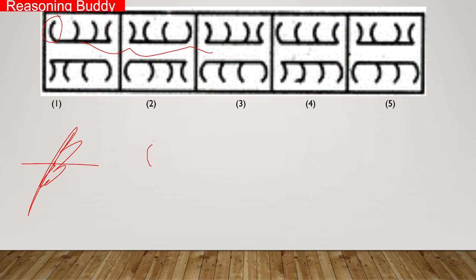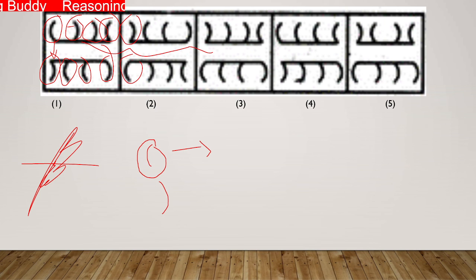If the upper figure has an arc opening at right, it changes to left in the lower figure, so it is opposite to the direction of the above figure. Same here, it is pointing towards left, here it changed to right. Here left, right, and here right, it turns to left.